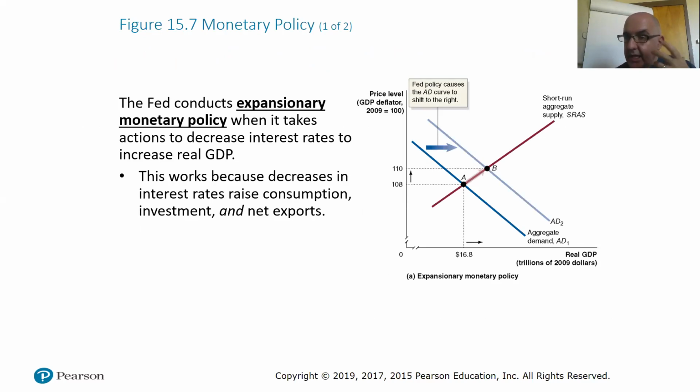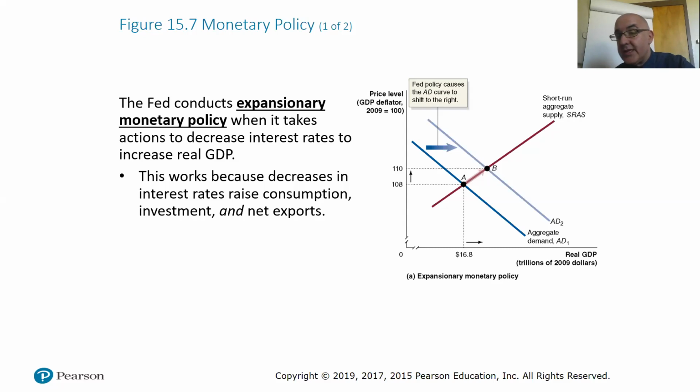They're trying to cause aggregate demand to move to the right, more consumption, more investment, more net exports, because the price of the dollar goes up. But again, don't worry too much about that. Just really understand what's going on with investment and consumption.